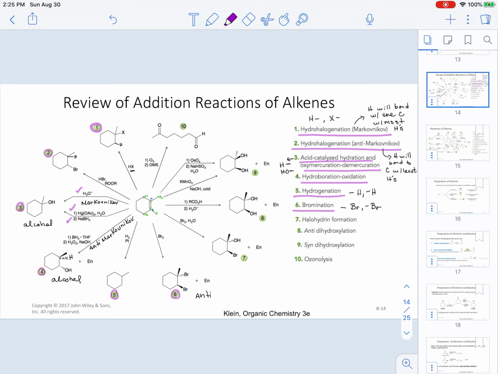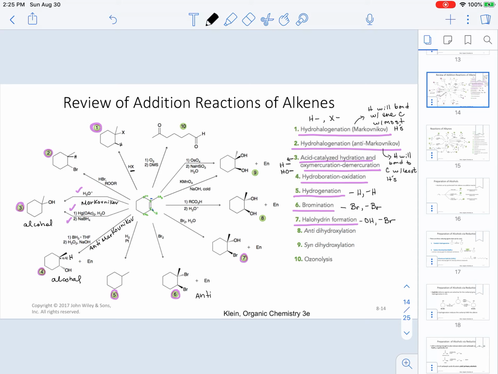The next reaction that you need to be familiar with is the halohydrin formation, which is reaction 7. Halohydrin formation means that the groups that are incoming into the system are an OH and, in this case, because our halogen is Br2, a bromine.